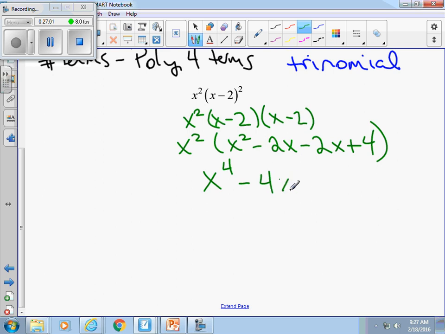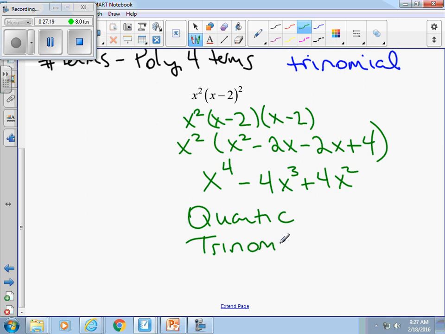Negative 4x cubed. I'm going kind of fast. Any questions about how I'm getting this stuff, though? Distribute. So it is a quartic and a trinomial.